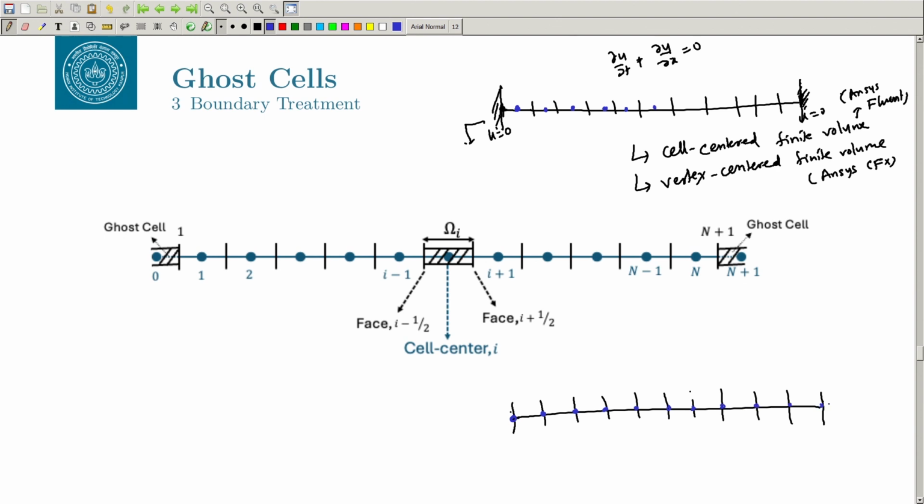Then you construct the volume around all of this. Maybe this is one cell, this is another cell, another cell, and another cell. So, here what you get is that at the boundaries you get half cells, right.